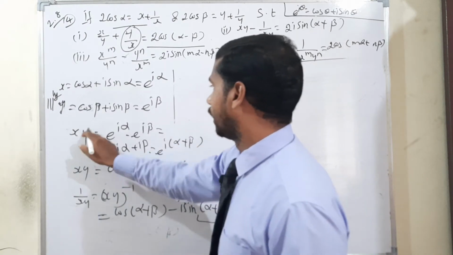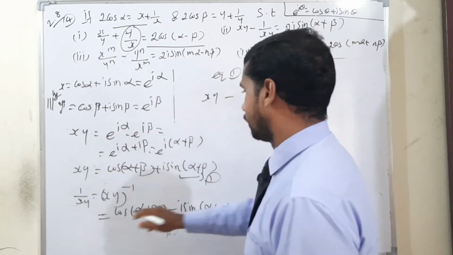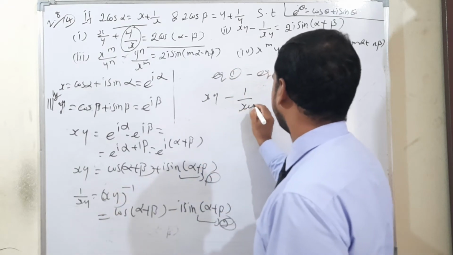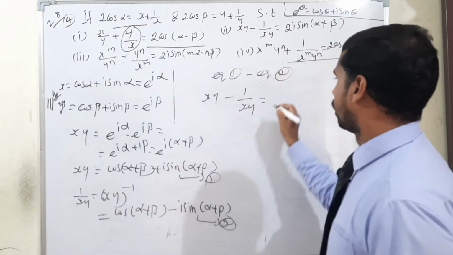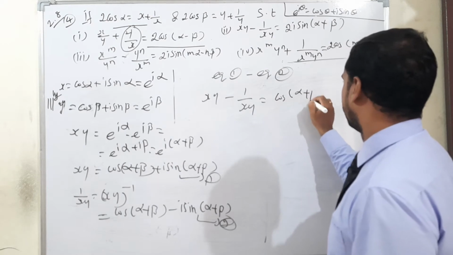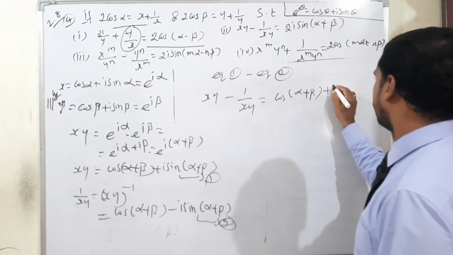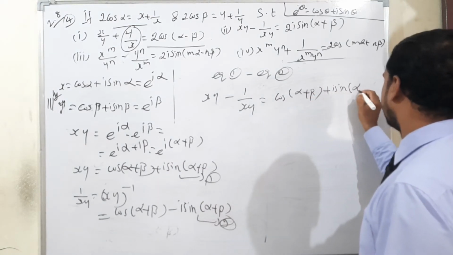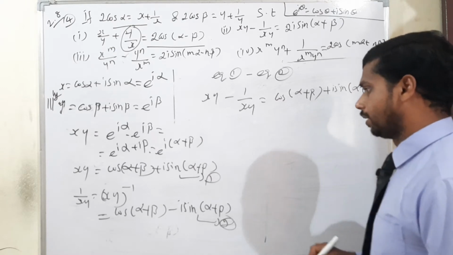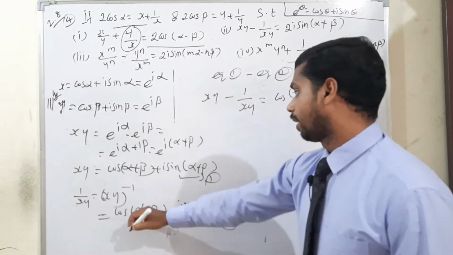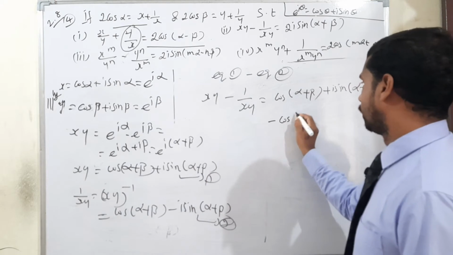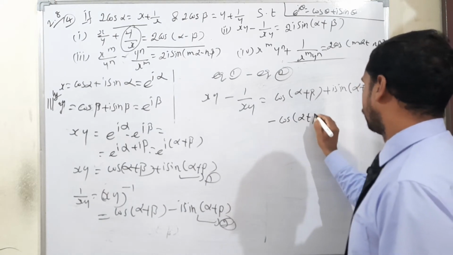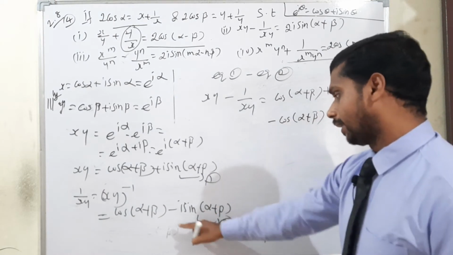Equation 1 is xy, minus equation 2, 1 by xy, is equal to cos of alpha plus beta plus i sin alpha plus beta, then minus cos of alpha plus beta. Already the minus sign is there for equation number 2.